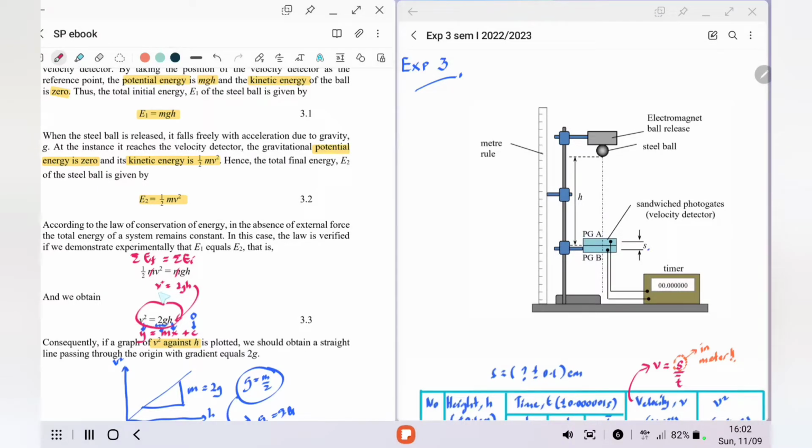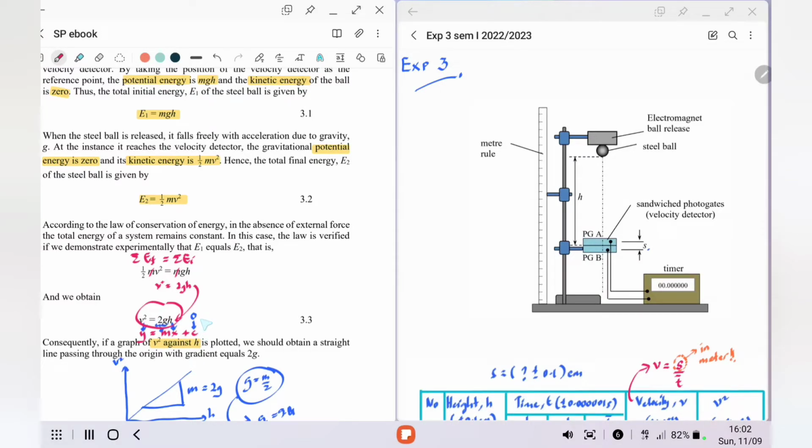By plotting a graph of v squared against h, and comparing this equation with the linear graph equation y equals mx plus c, v squared represents the y-axis and h represents the x-axis, so the gradient equals 2g.